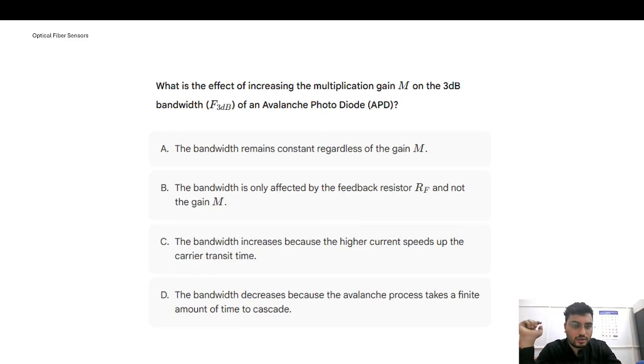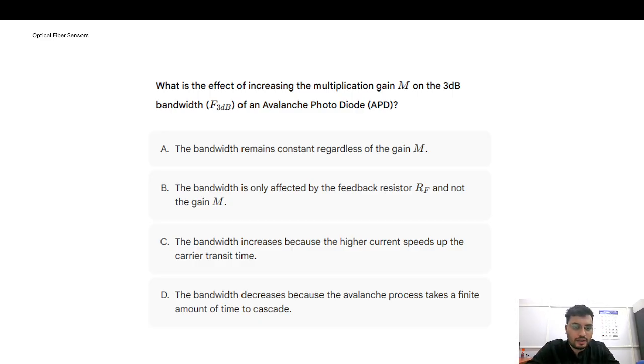Moving towards the next question, what is the effect of increasing the multiplication gain M on the 3 dB bandwidth of an APD, avalanche photodiode? Let me know.